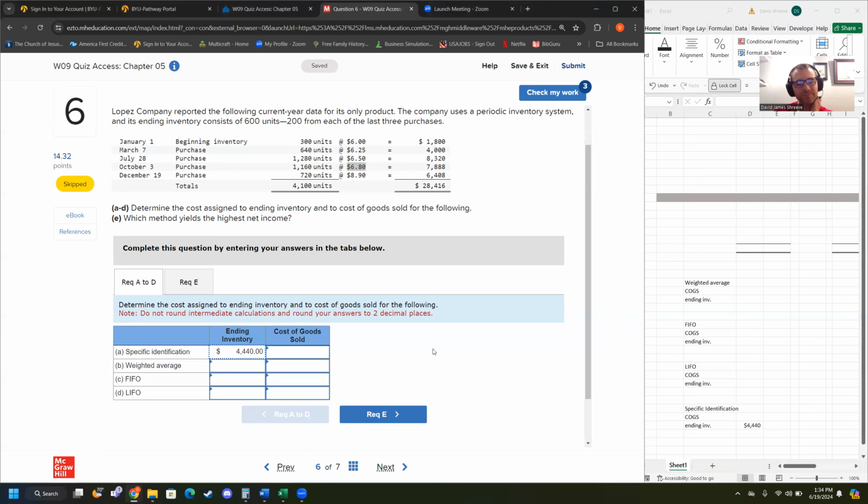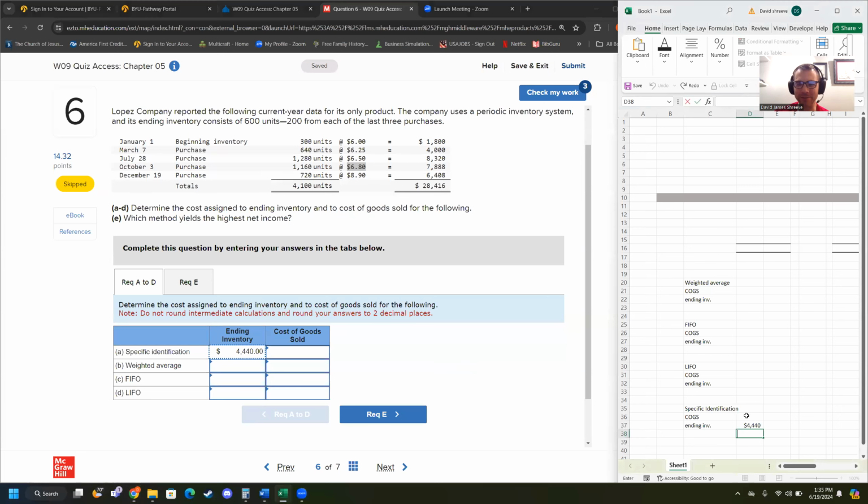Now I have to do cost of goods sold, which is more involved, I guess. So I'm sure there's some easy way to use Excel to make it easy, but I don't know it. So you're going to struggle with me through figuring it out the old-fashioned hard way.